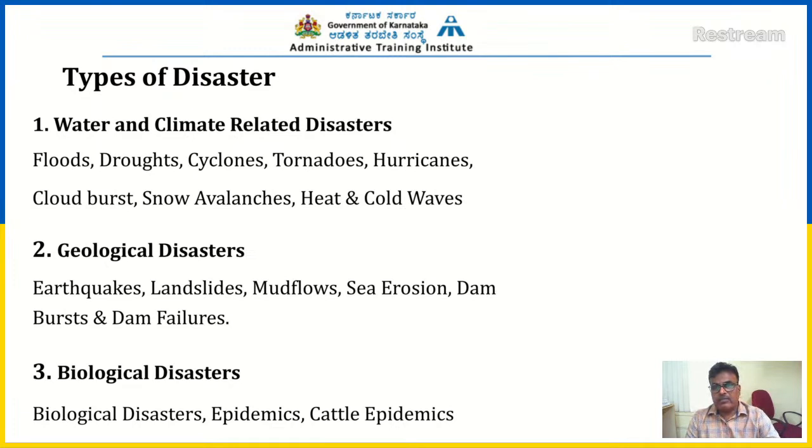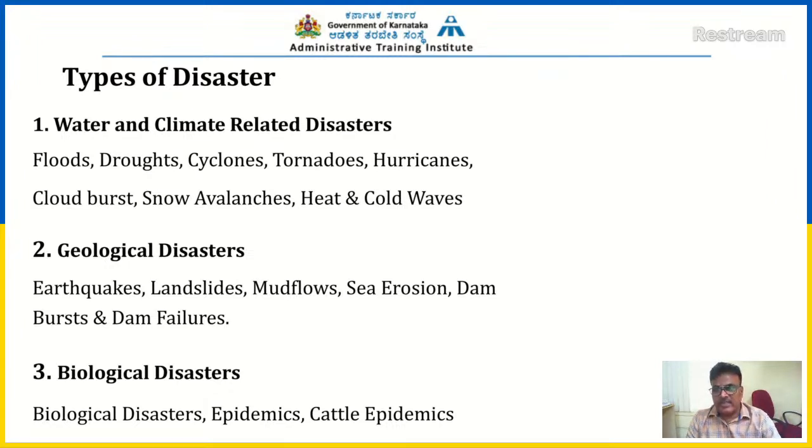I will give a little more elaboration on these types of disasters because you need to know about it. As a student of disaster management, we need to know the different types of disasters and the classification of disasters. Under the types of disasters, we classify them as water and climate related disasters. These include floods, cyclones, droughts, tornadoes, hurricanes, cloudbursts, snow avalanches, heat and cold waves.